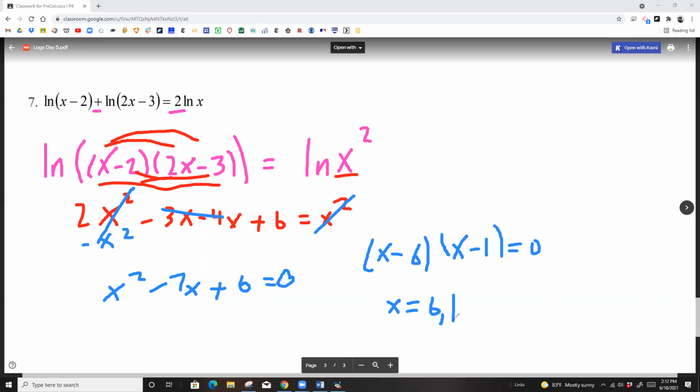Now, something you have to be careful of with log equations are extraneous solutions, which I believe we saw back when we did square root equations. Basically, they're solutions that you get that aren't actually solutions because of things like domain restrictions or squaring both sides.